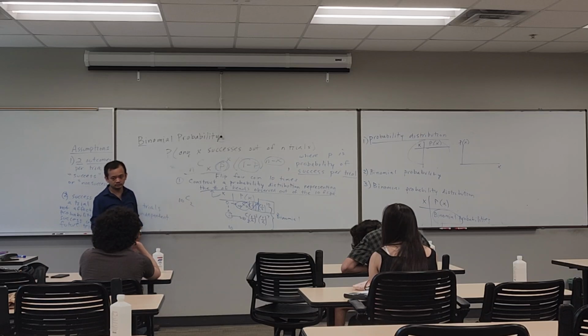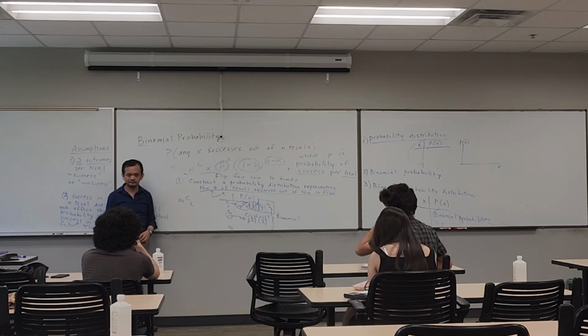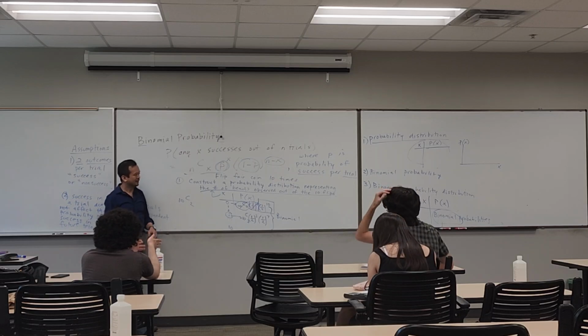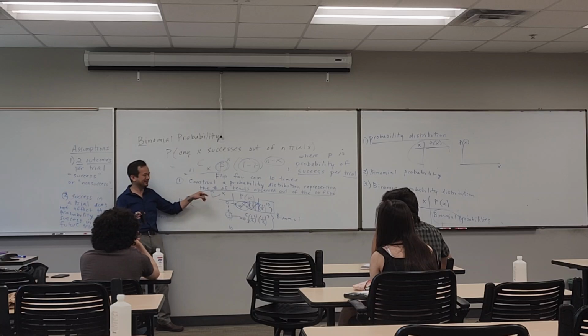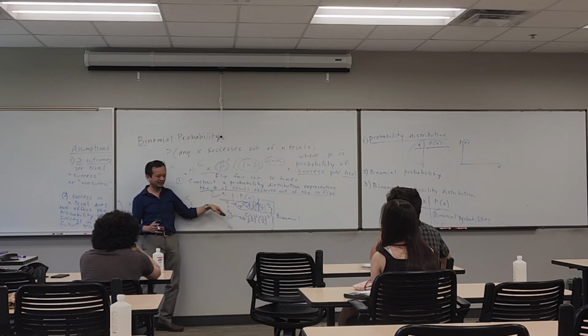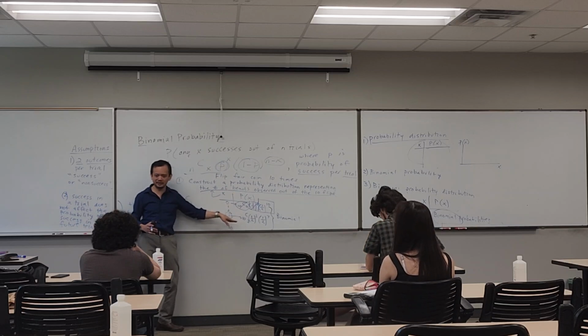For all of this stuff, are we going to figure that out, or are we going to be given a chart that looks like that? So really you should be comfortable with each step here. If I ask you to construct a probability distribution, you should be comfortable with generating this distribution to begin with.